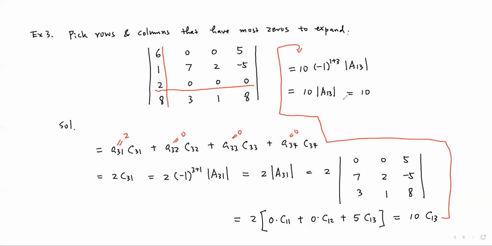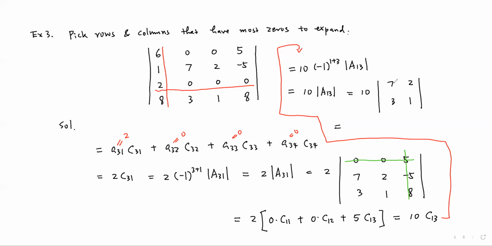So 10 times, okay, now let me determine capital A13. How? Delete the first row. Delete column 3. So the remaining part is capital A13. So I get determinant 7 2, 3 1.